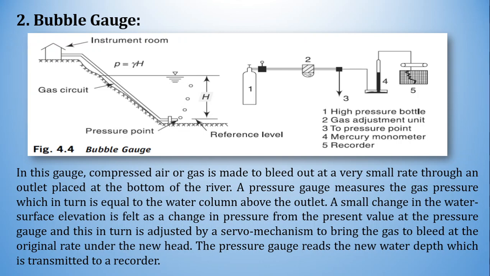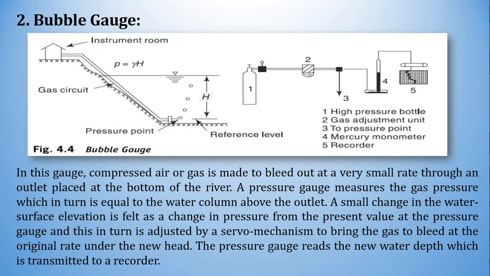In this gauge, compressed air or gas is made to bleed out at a very small rate through an outlet placed at the bottom of the river. A pressure gauge measures the gas pressure, which in turn is equal to the water column above the outlet.